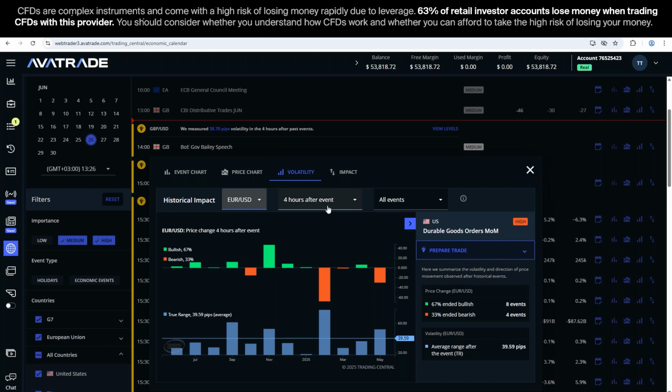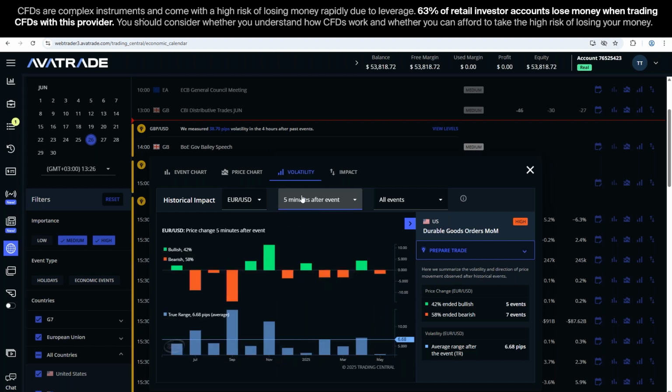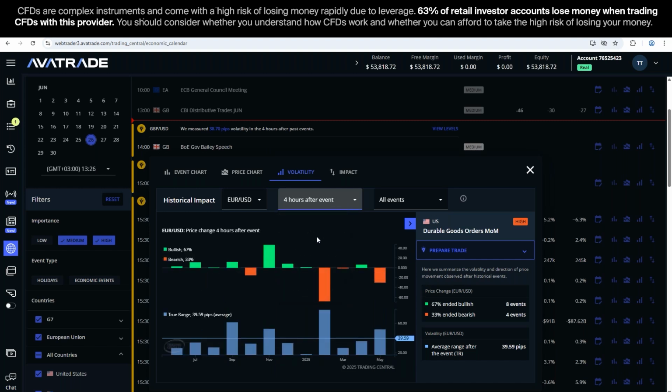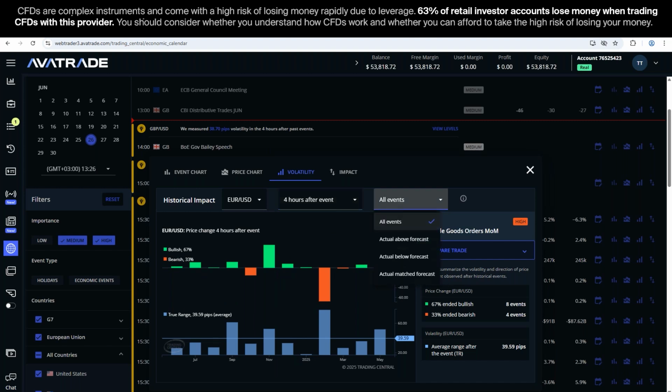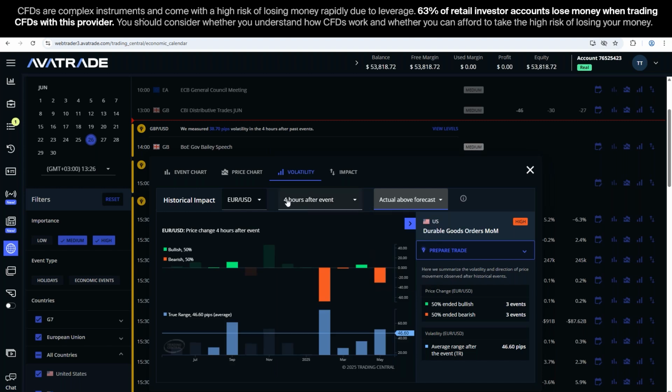We can pick the time frame after the announcements that we want to analyze, as little as 5 minutes, as much as 4 hours. And I can qualify how the announcement came in. Meaning, if this comes in above forecast, meaning better than expected numbers, how has the Euro USD moved in the 4 hours after that announcement? And the results, 50-50. Half the time it went up, half the time it went down. Now, the ones that went down went much further than the ones that went up.